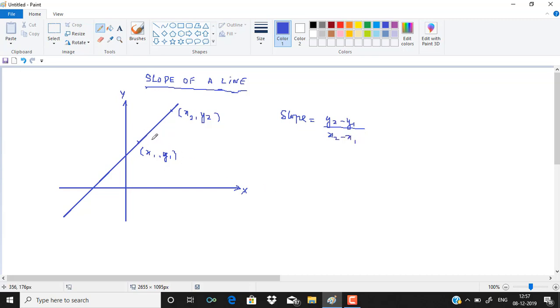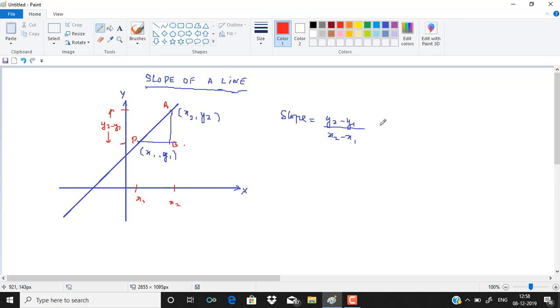It means, if we see y2 minus y1, it means the length of line segment AB. And if I take x2 minus x1, it means the length of line segment PB.